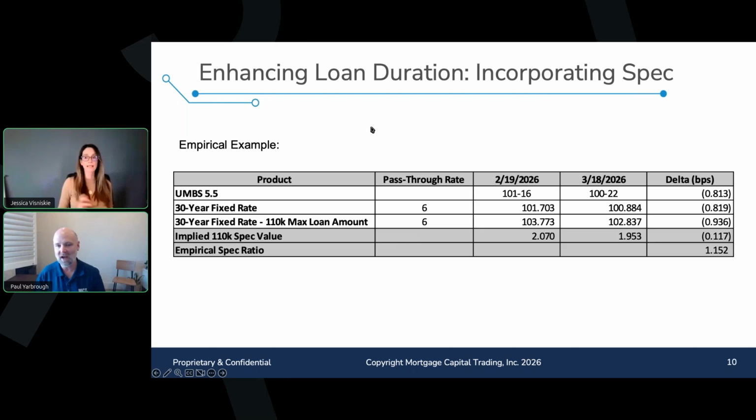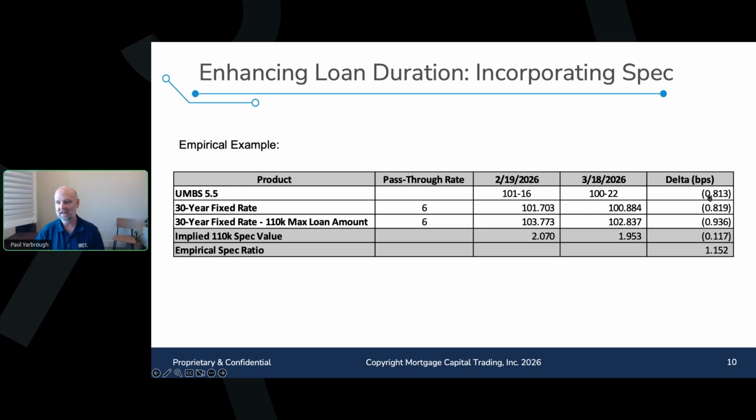So if you look at this UMBS 5.5 note rate or coupon, you see the different prices. This is just in that first row. We're talking about that 101.5 on 2/19 down to par 22, a delta of 80 basis points, right?